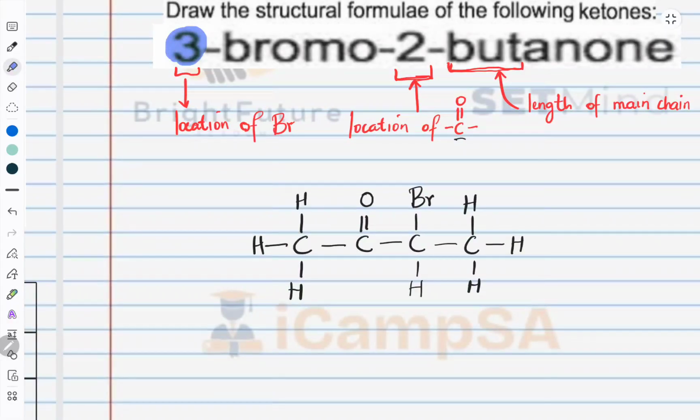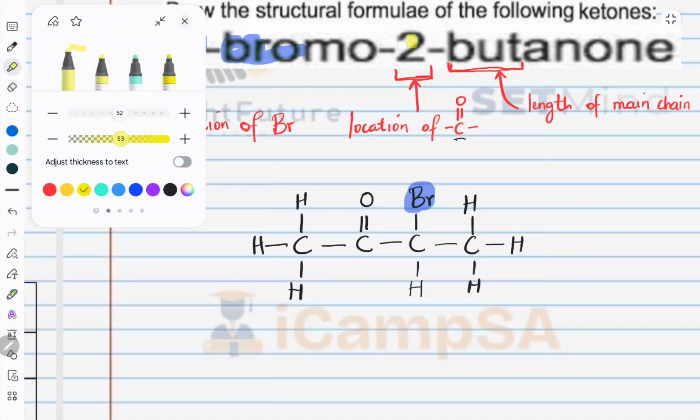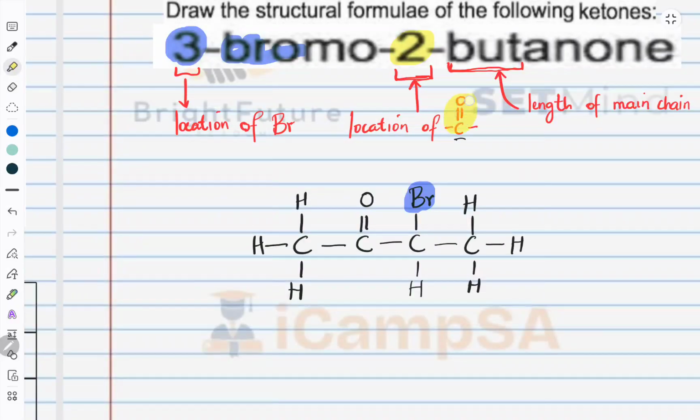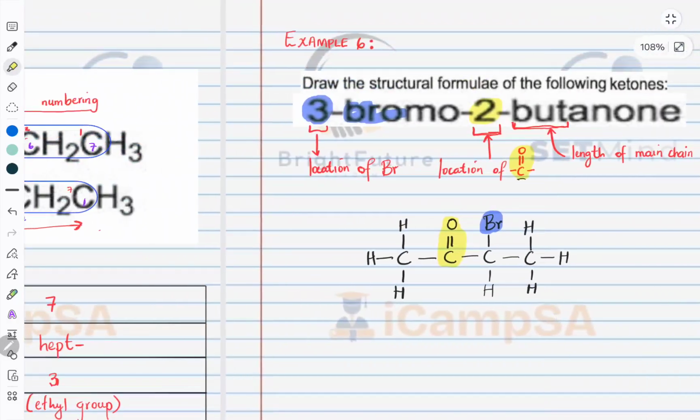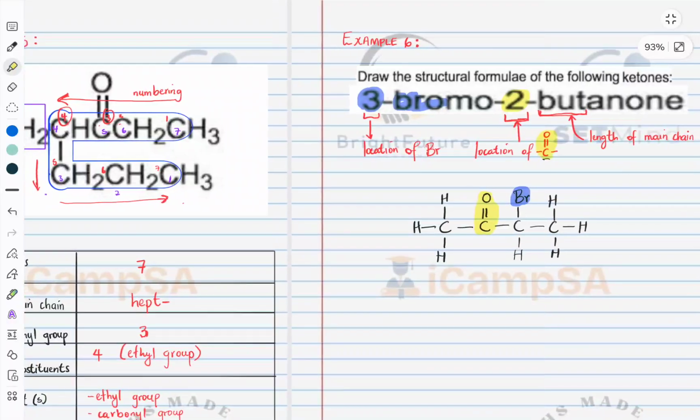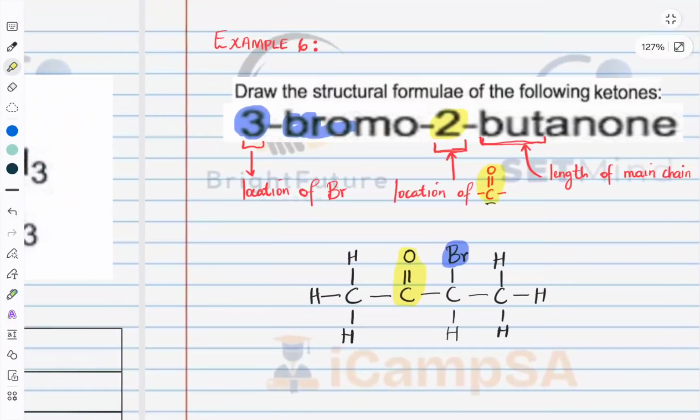So you have your 3-bromo, which is located there. You have the location of the carbonyl group, which is here, and then pretty much you would be done. Okay, so that's how you would draw the structural formula given this IUPAC name.